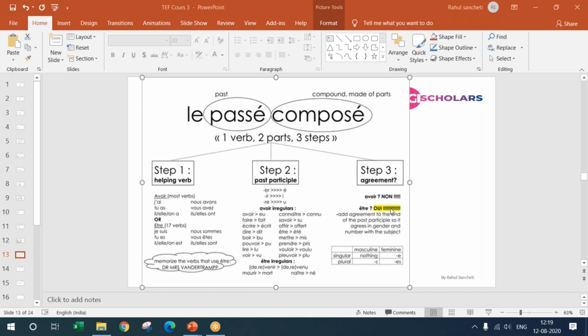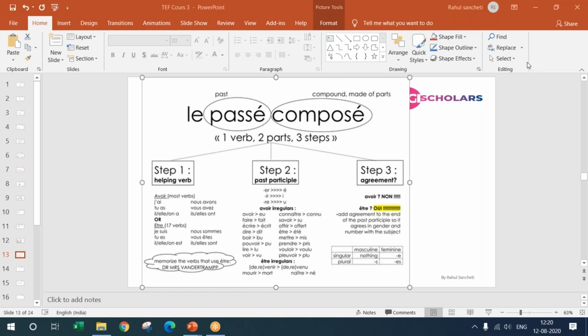That's why it has been marked in bold and yellow color. So add agreement to the end of the past participle so it agrees in gender and number with the subject. That's why he has written it here. For masculine singular you do nothing. For masculine plural you add an extra S, and for feminine singular you add an extra E, and for feminine plural you add the E and S.